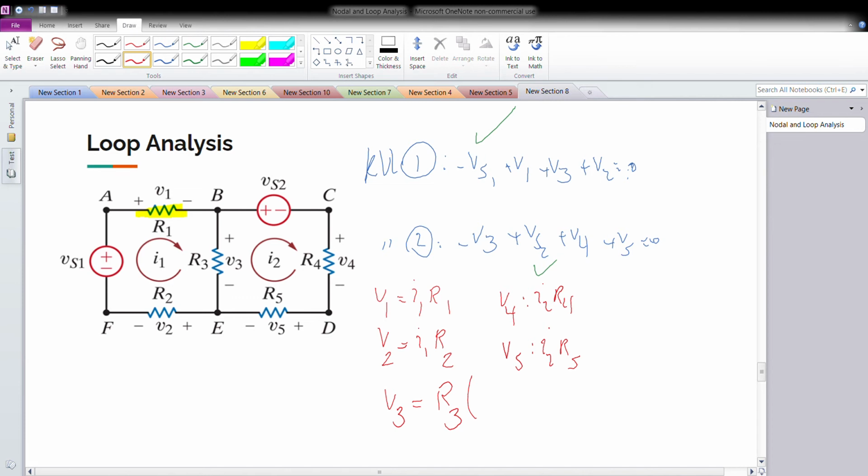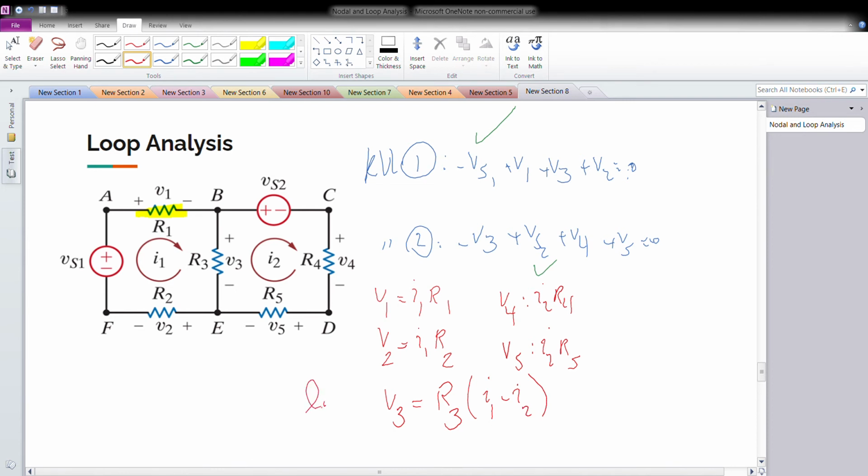Let's say I was in loop 1 and I was trying to define the voltage drop across R3 in loop 1. Because I'm writing the KVL for loop 1, I'm going to write that current difference as I1 minus I2.